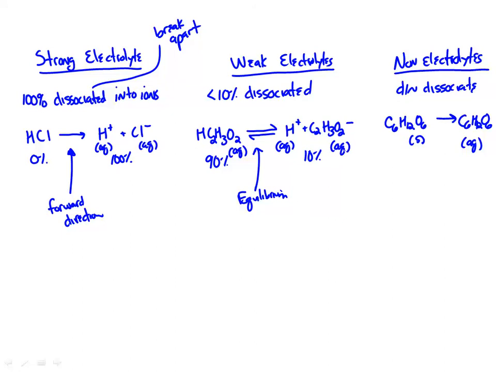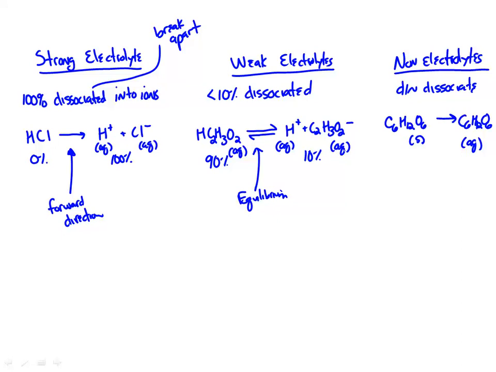So the biggest difference between a strong, a weak, and a non-electrolyte is simply how much of them break apart into ions. If they completely break apart into ions, we'll label them a strong electrolyte. If only a few of them are actually coming apart in the water solution, then we'll call them weak. And if nothing dissociates, then we'll call it a non-electrolyte.